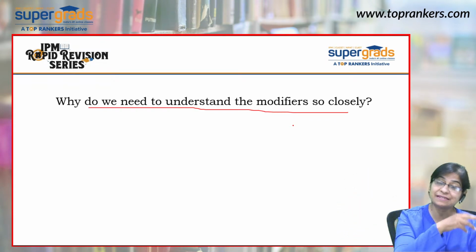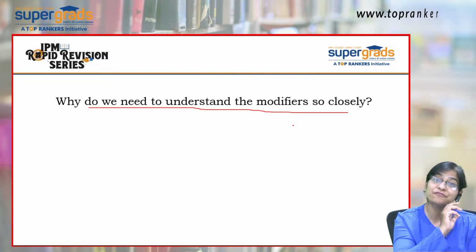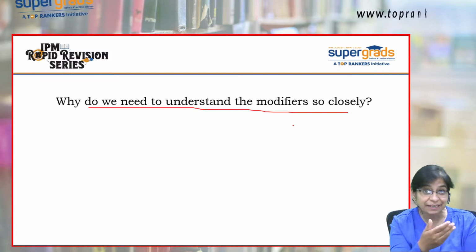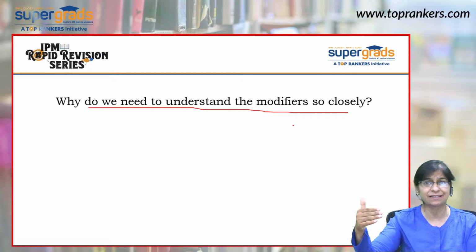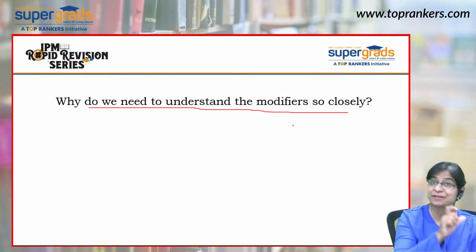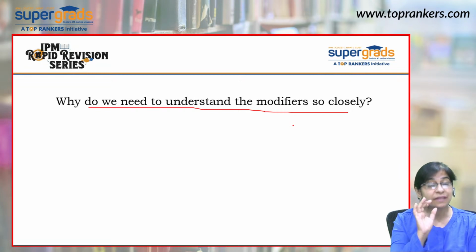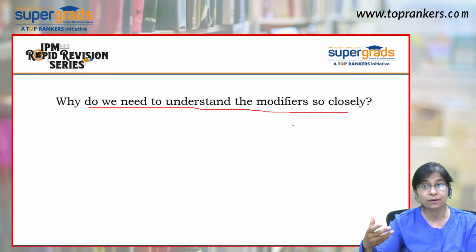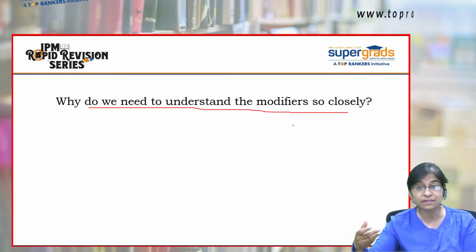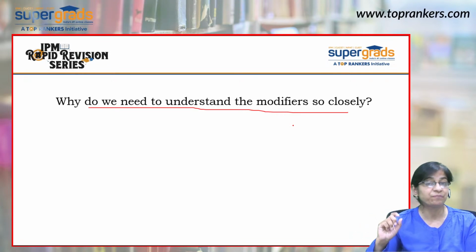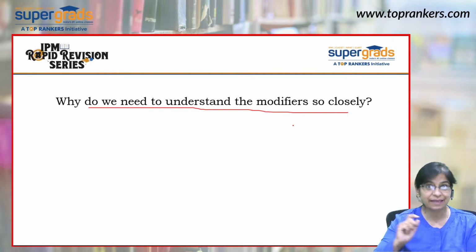And when I placed it near the word read, the focus was more on the act of reading the newspaper. The entire structure stayed the same. I only changed the place of slowly in the two sentences that I had for you in the last example. So that is one big reason why, because we really want to showcase the focus of the sentence. That is the reason why we need to place these modifiers in the right order.